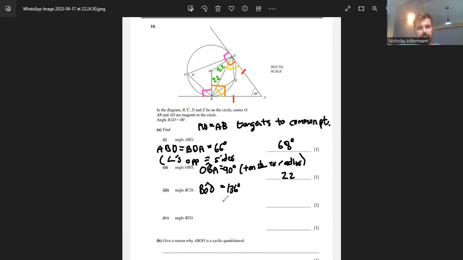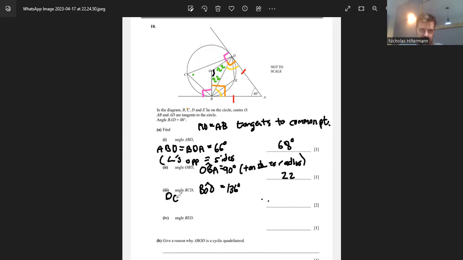And once you've got that, we know that that angle at the center is 2 times the angle at the circumference. So that means BCD is 136 divided by 2. So let's just practice giving reasons.